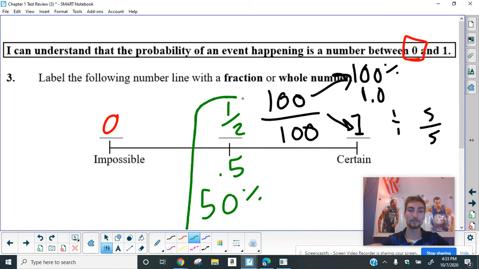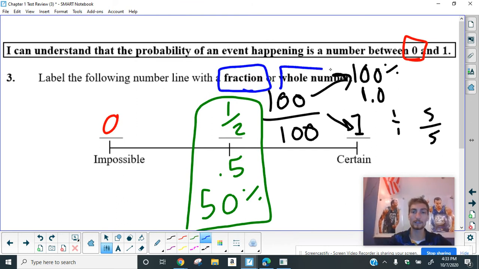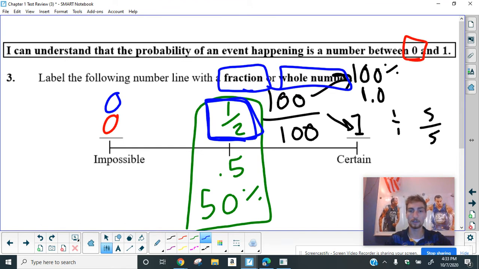So these are all 3 ways you can show it, but when you write in fractions and whole numbers, like it's asking, always got to pay attention to what it's asking, we would simply put 0, 1/2, and 1. Fractions and whole numbers is what it's looking for.